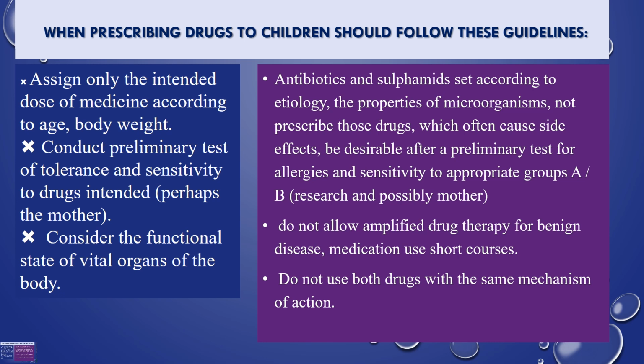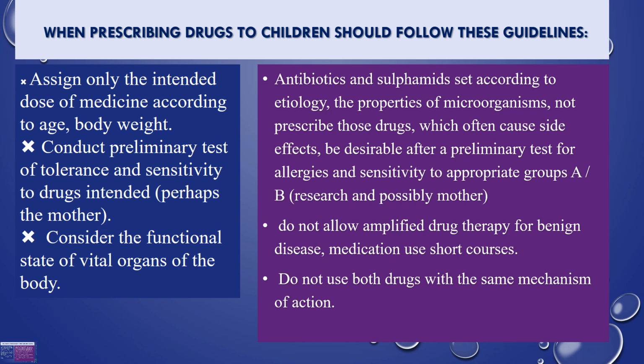When prescribing drugs to children, one should follow these guidelines. Assign only the intended dose of medicine according to age and body weight. Conduct a preliminary test of tolerance and sensitivity to the intended drug, perhaps on the mother. Consider the functional state of vital organs of the body. Antibiotics and sulfonamides are set according to etiology and the properties of microorganisms.